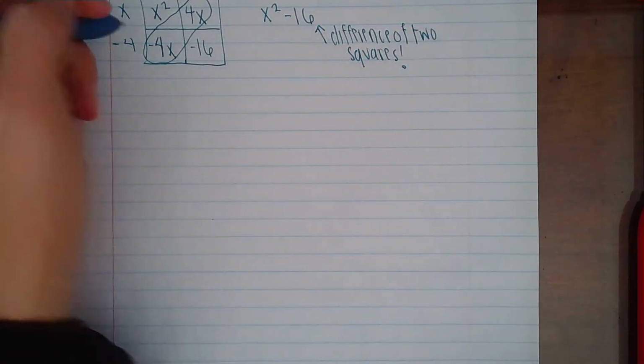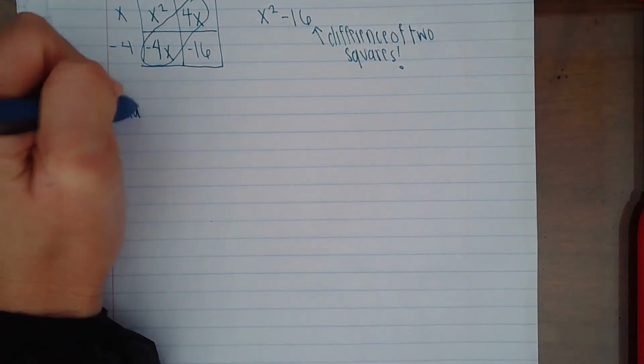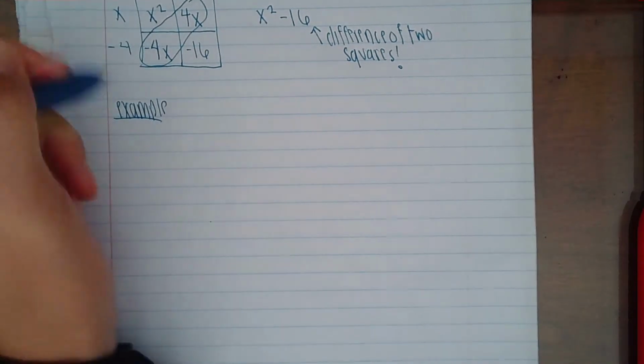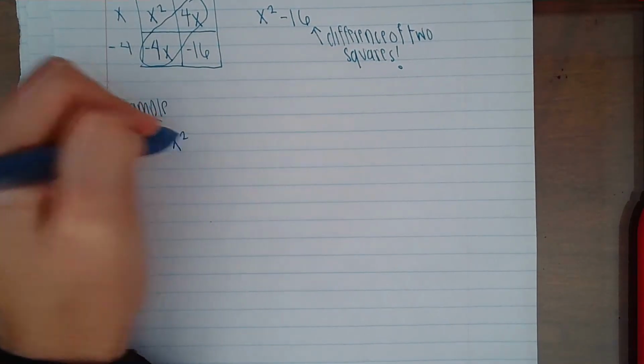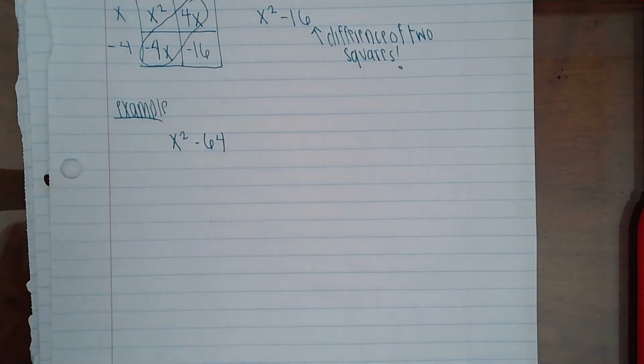Let's say that I had x squared minus 64.